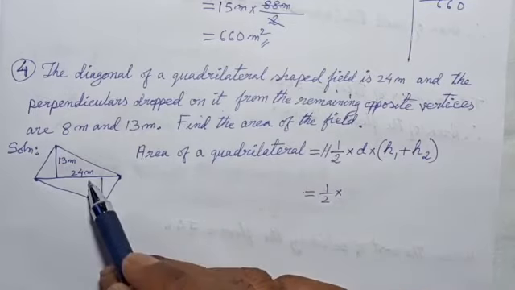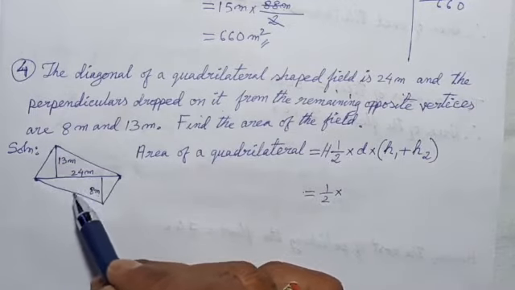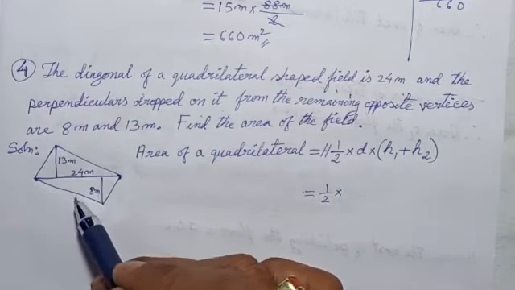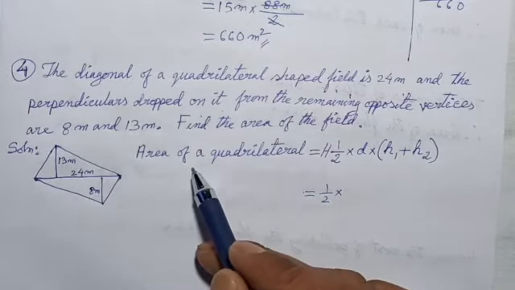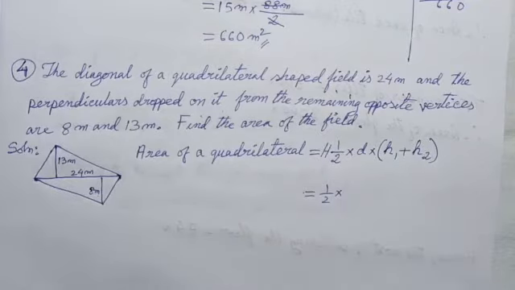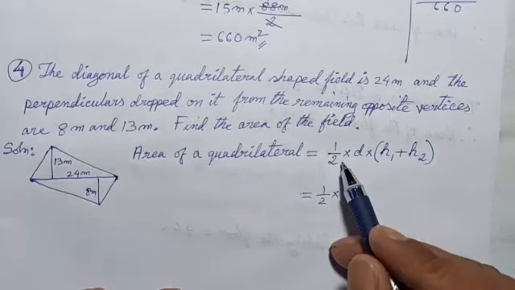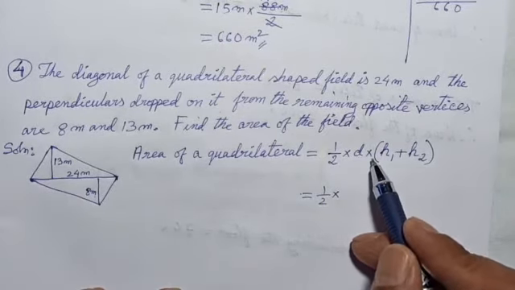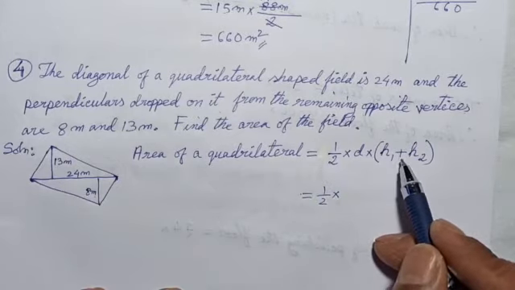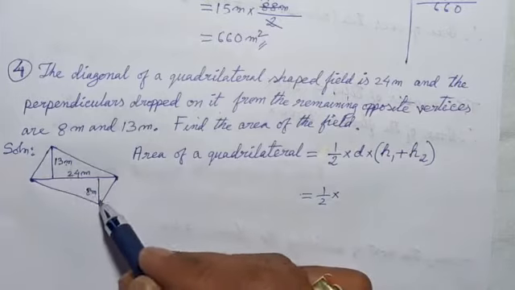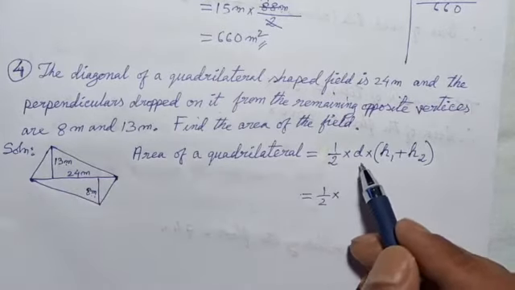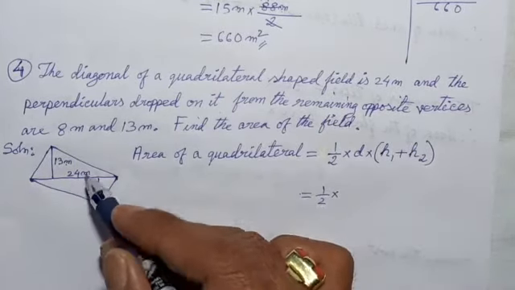Now we have to find out area of the field. So this is a quadrilateral, and we have to use the formula to find out area of a quadrilateral. So area of a quadrilateral is half into diagonal into height 1 plus height 2, and this height 1 and height 2 are 13 meter and 8 meter. So half is here, and here diagonal is 24 meter.